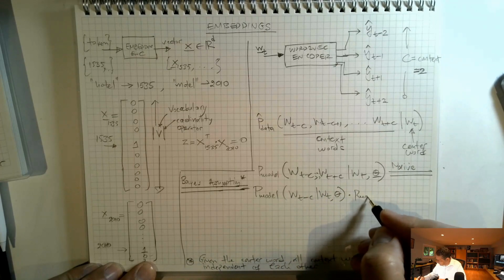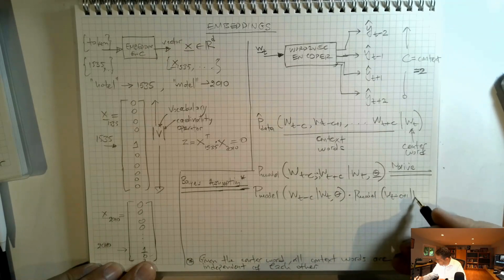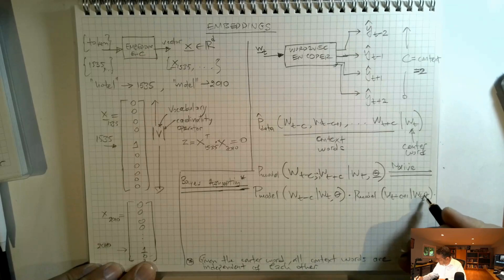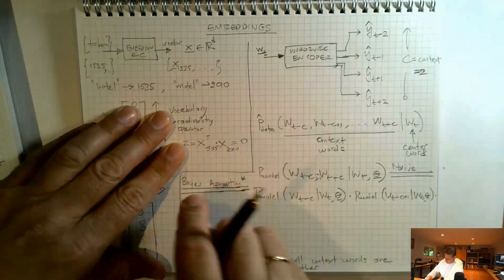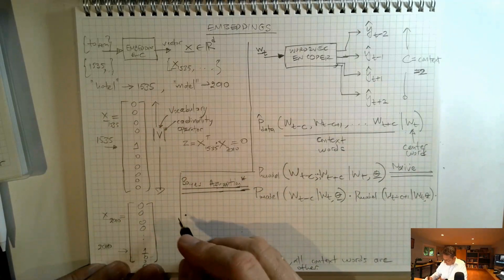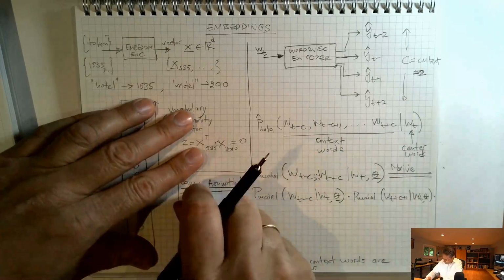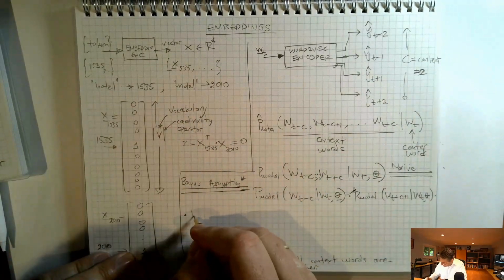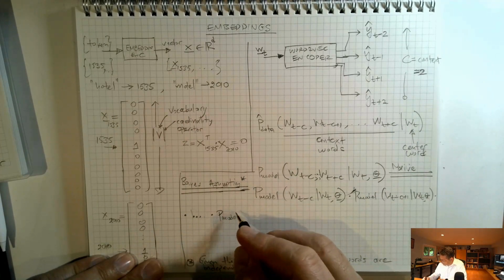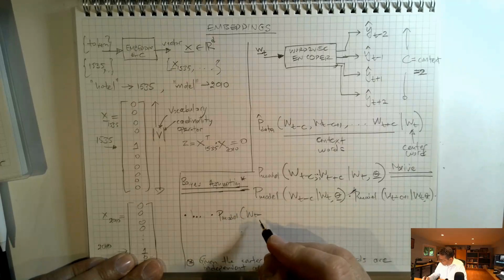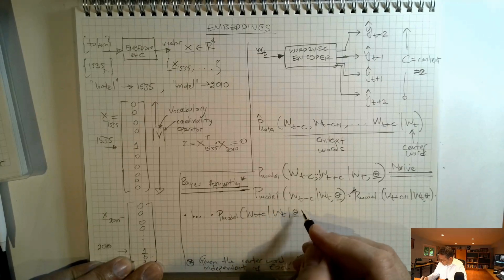Times P model of W T minus C plus 1 given W T comma theta, times, and so on. Finally, we have this last one. Let me put some dots here to make the notation a bit more clear. Times P model of W T plus C given W T, theta.